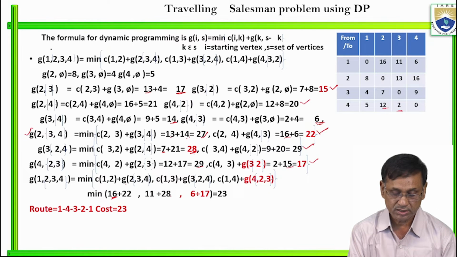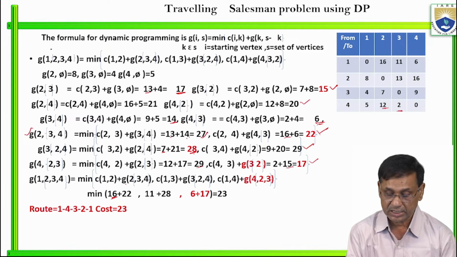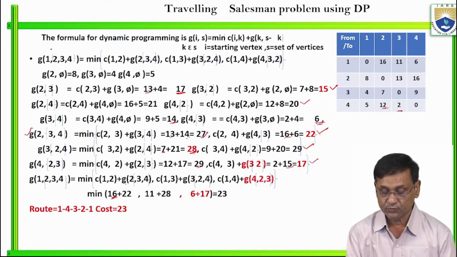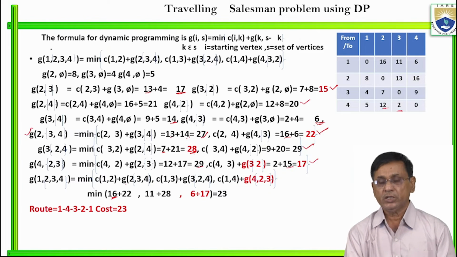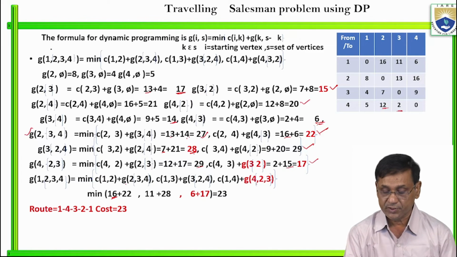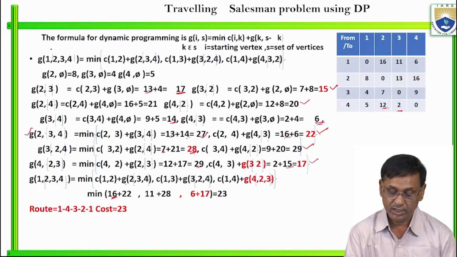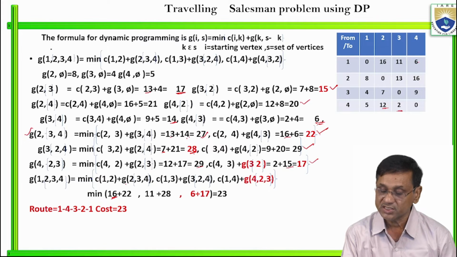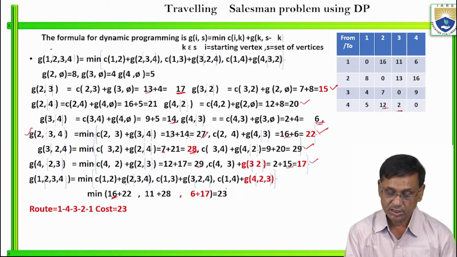So this is 39. Then coming to the last one, cost of an edge 1 to 4 plus cost of going from city 4 to the remaining set of cities 2 comma 3: 1 to 4 is 6 plus this is 17. So the cost is 23.